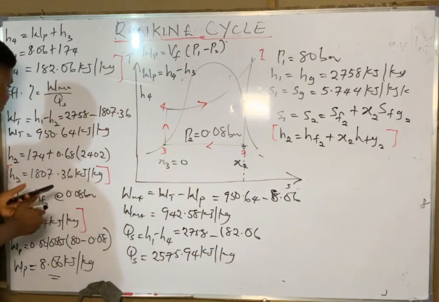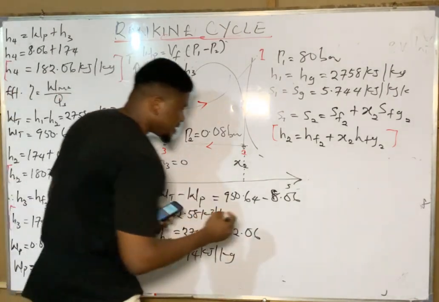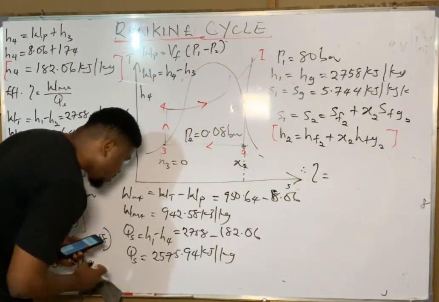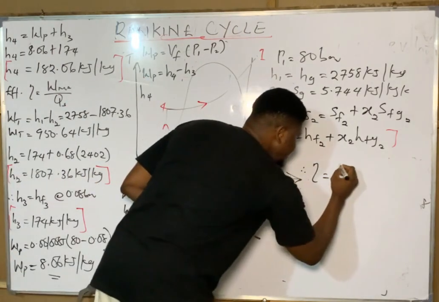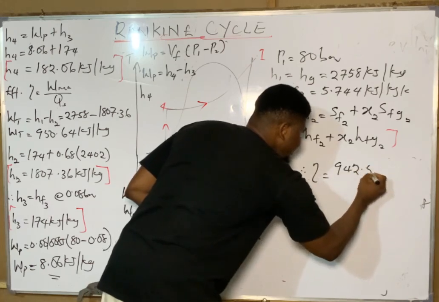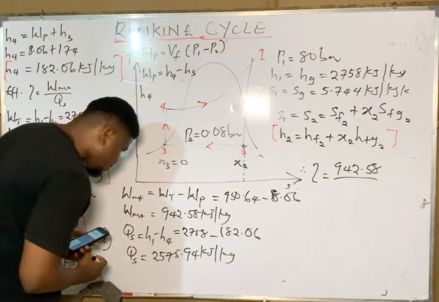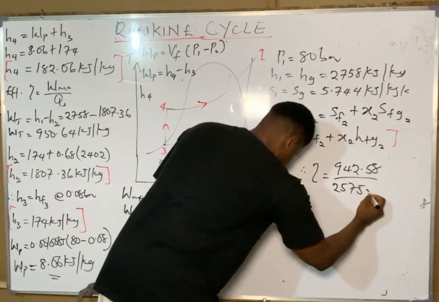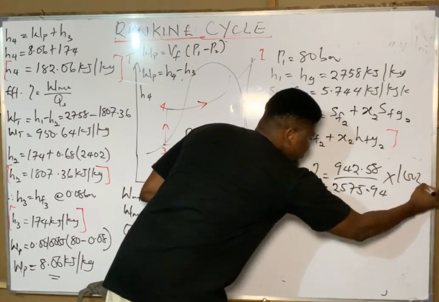Now we have the heat supplied and the net work, so we can find our cycle efficiency. Efficiency equals net work, 942.58, divided by heat supplied, 2575.94, multiplied by 100%.